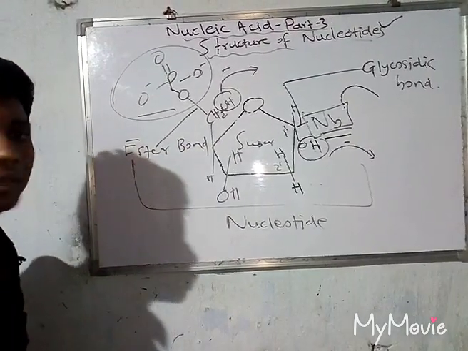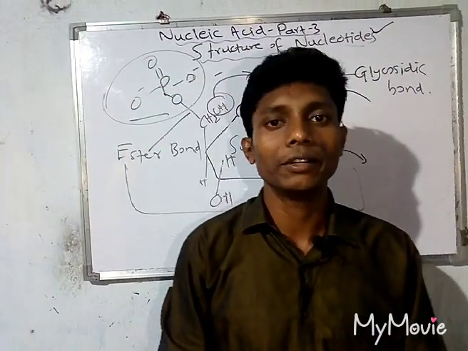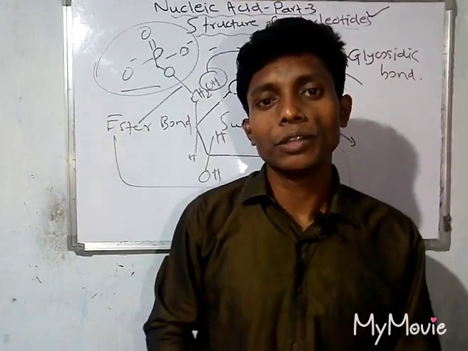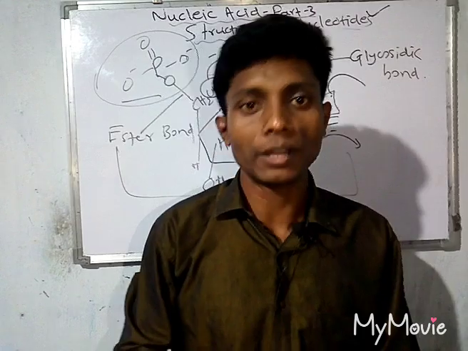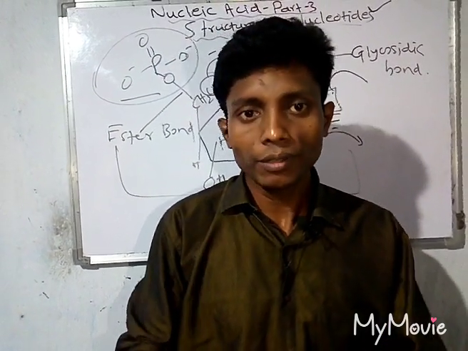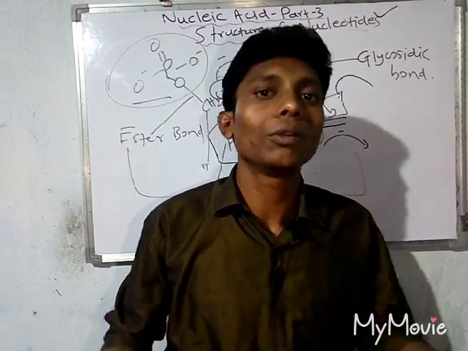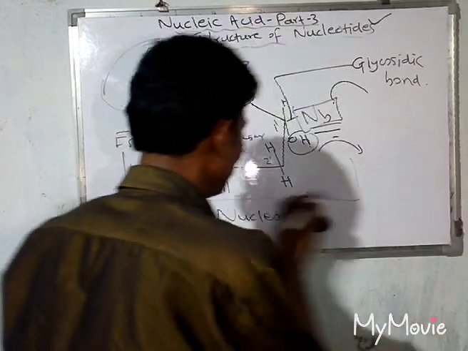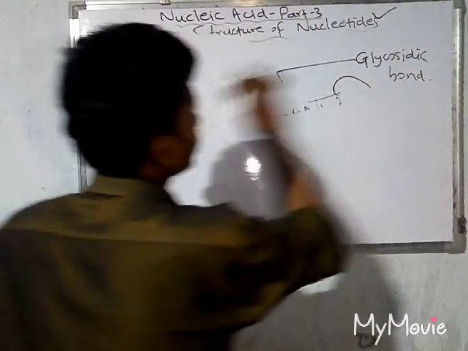Whereas the bond between sugar and phosphate group is called an ester bond. What is that? Ester bond. Clear? So this is the clear picture of the nucleotide we have. Thus a nucleotide is formed from three things: phosphate group, nitrogenous base, and the sugar molecule.